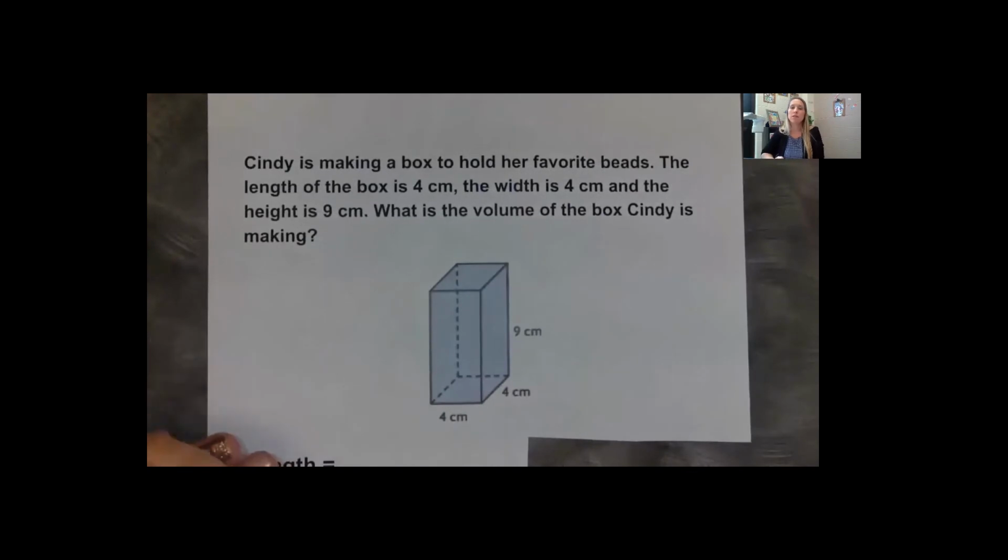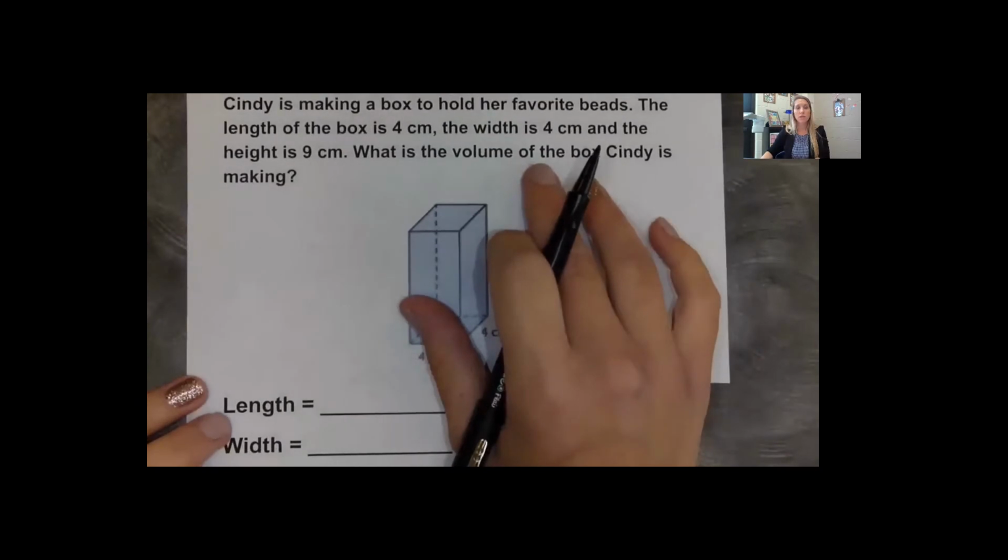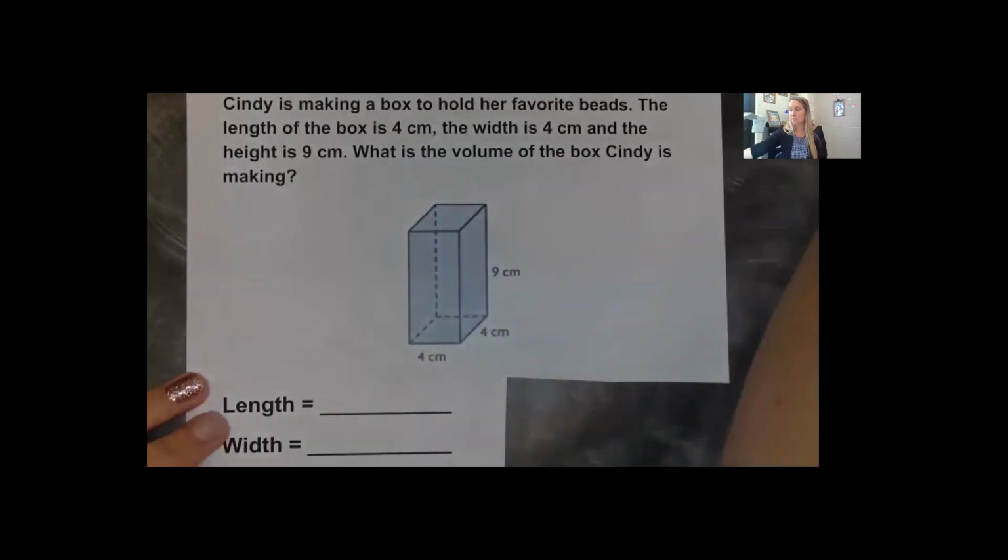Cindy is making a box to hold her favorite beads. The length of the box is 4 centimeters, the width of the box is 4 centimeters, and the height of the box is 9 centimeters. What is the volume of the box Cindy is making? Well, to find the volume, we first need to identify what's the length, what's the width, and what's the height. And so what's the length of Cindy's prism?